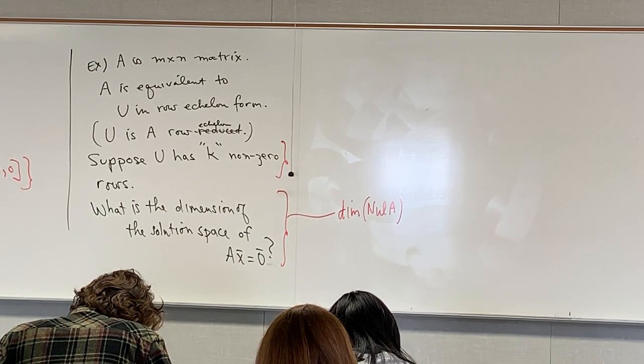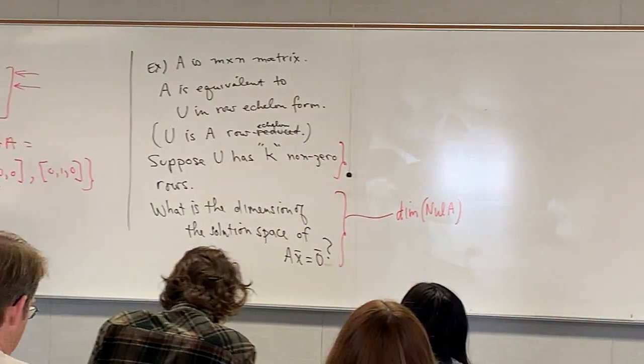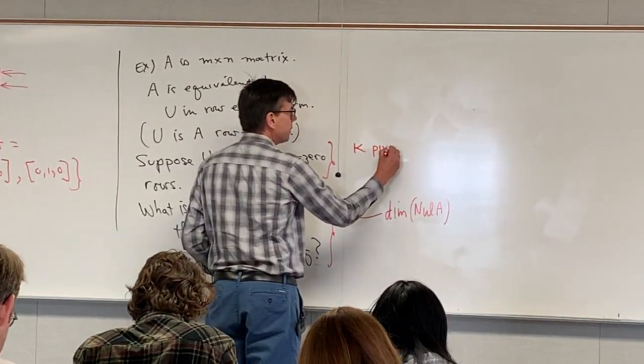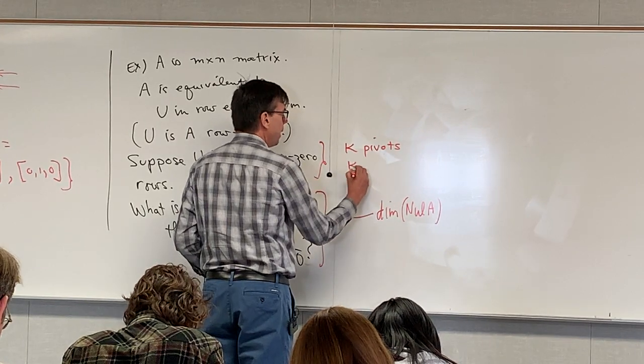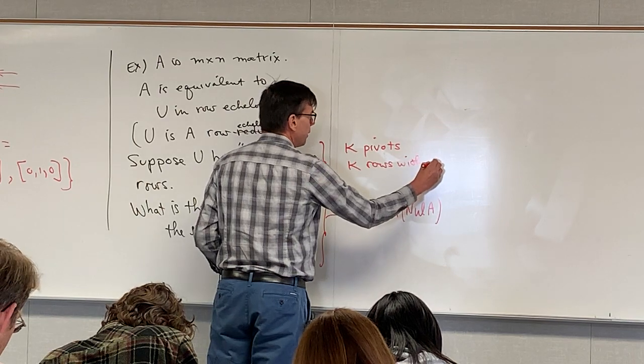And any row that's not a zero row has to have a pivot position in it. So there are K pivots, K rows with pivots.